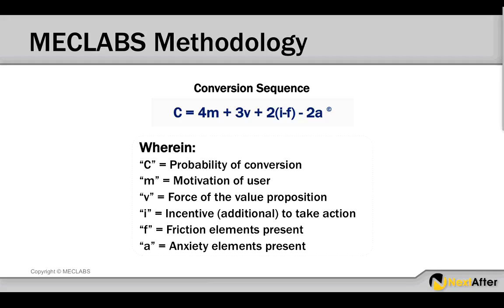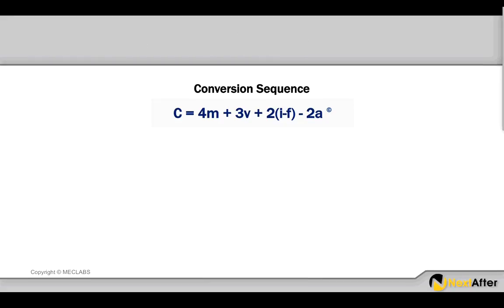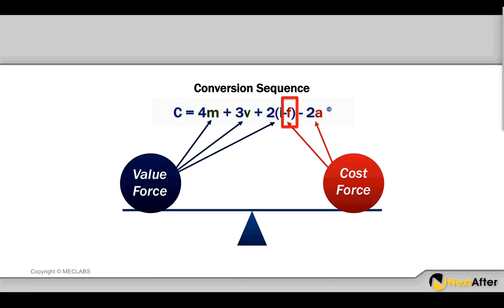How forcefully are you communicating the value that's presented to the user, the impact of their gift in our context? So then we're kind of moving into these cost factors, and there's two main ones, friction and anxiety, and they kind of go hand in hand. And today we're going to focus exclusively on this cost force of friction.